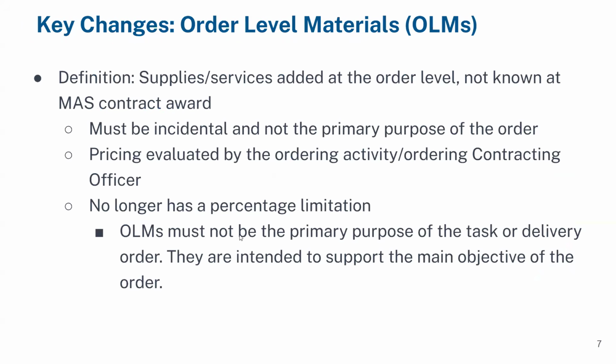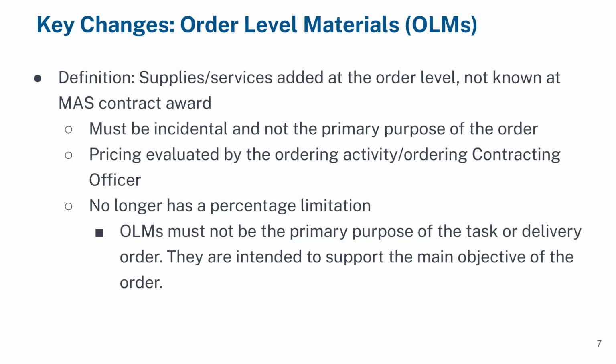So we'll get into some of the key changes. One of the big reasons we feel the open market guidance is no longer going to be as necessary is the updates to the OLM. The definition is unchanged, very similar to the original concept: supplies and services added at the order level, not known at MAS contract or BPA award.